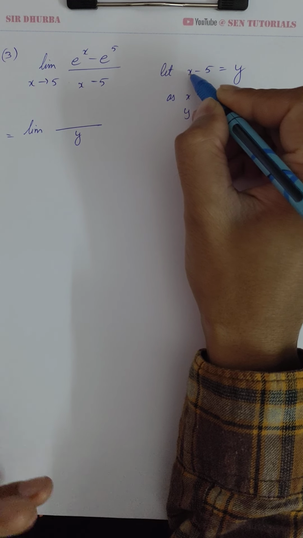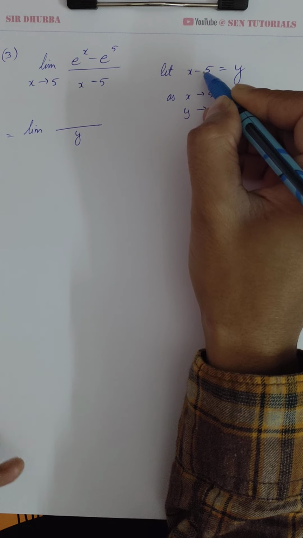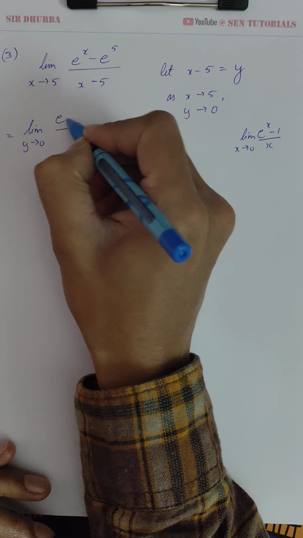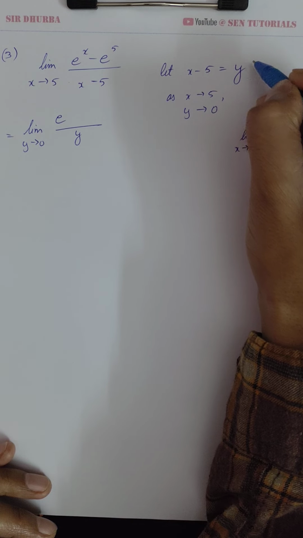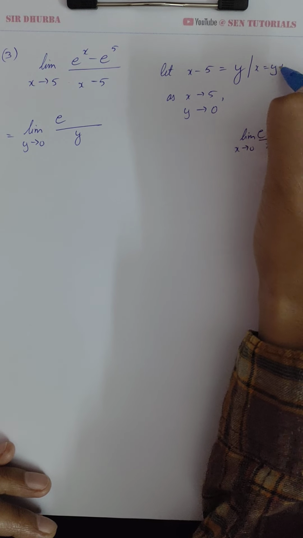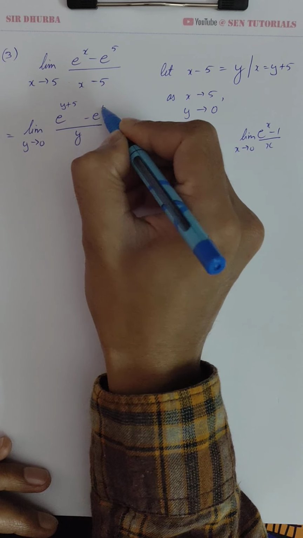As x is very, very close to 5, 5 minus 5 approximately, that is also going to be 0. So limit as y tends to 0. Now e power x, we can replace, since x can be written as y plus 5. So y plus 5 minus e power 5.